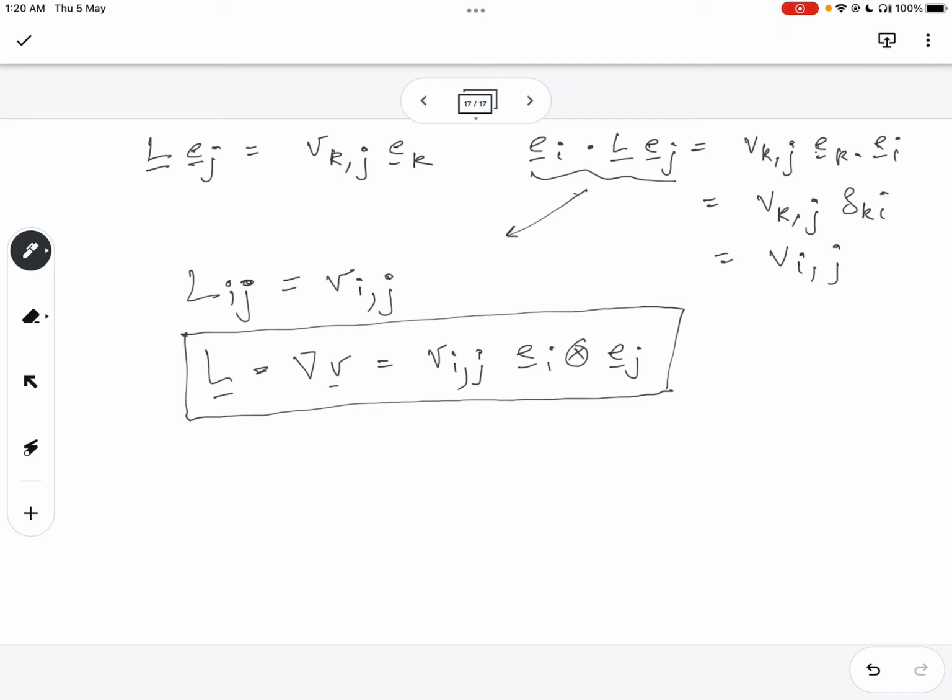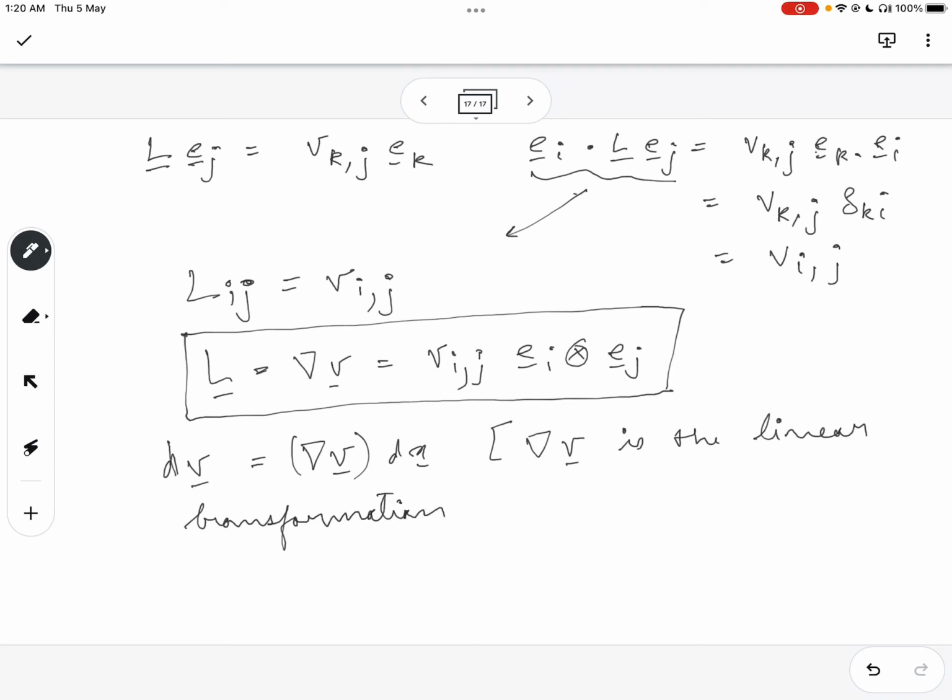As we had seen before with the scalar function, taking a differential of v yields del v acting on dx. Therefore, this means that del v, the gradient of v, is the linear transformation which operates on dx to give us dv.